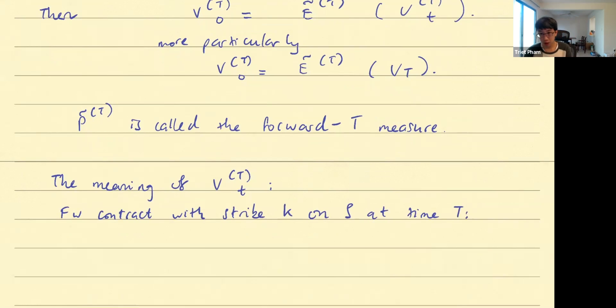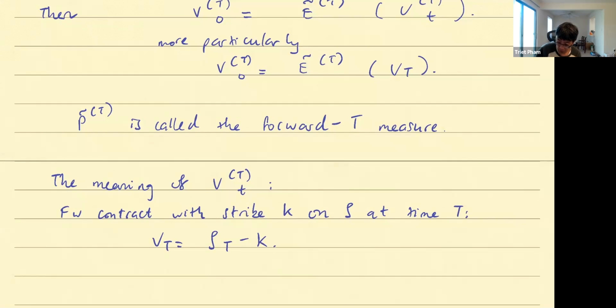A forward contract with strike K on some asset with expiration big T. So we write it like this, right? Question: what is the price of this forward contract?